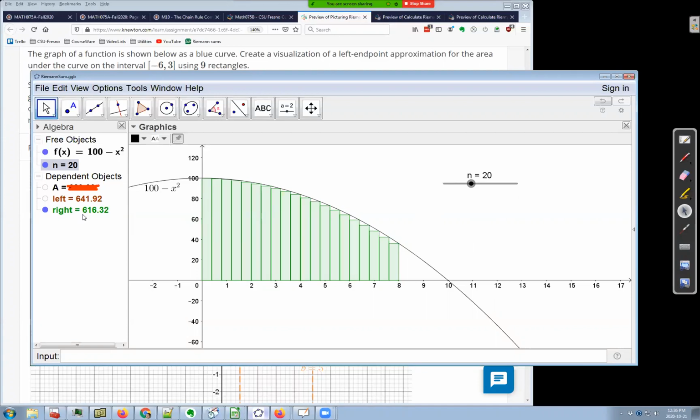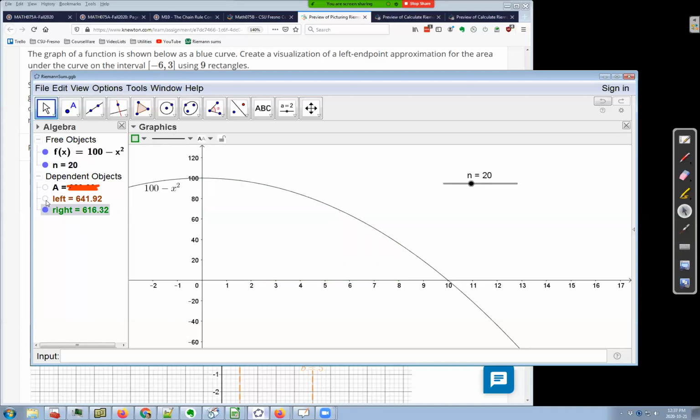Now our underestimate is 616, and our overestimate using left-hand rectangles is, if I use 20 rectangles. So if I use 20 right-hand rectangles, GeoGebra is telling me that we get 616.